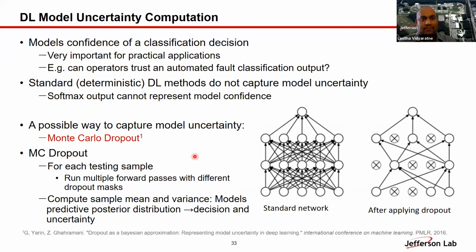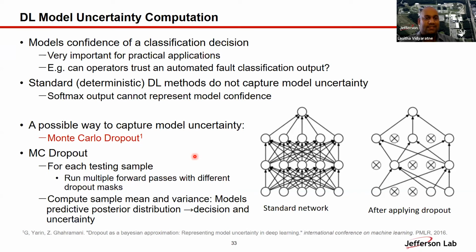For example, can the operators in the control room trust an automated fault classification output given for a particular downtime trip? If this classification output came with a measure of confidence or uncertainty, the operators could then either elect to ignore or consider the classification output.